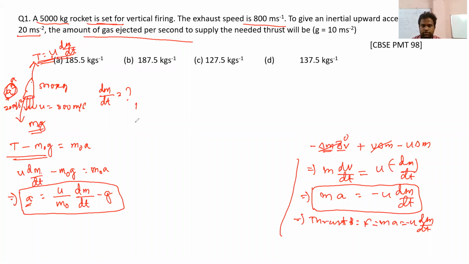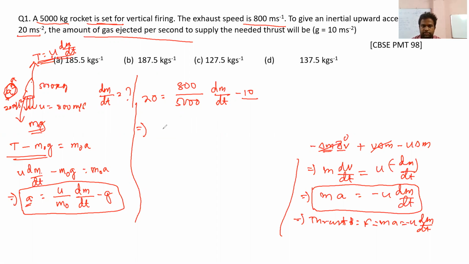So here, a is equal to u by m0 dm by dt minus g. u is given, 800. m0 is 5000. dm by dt you are supposed to calculate. g is 10. a is also given, so you can put a here, that is 20.